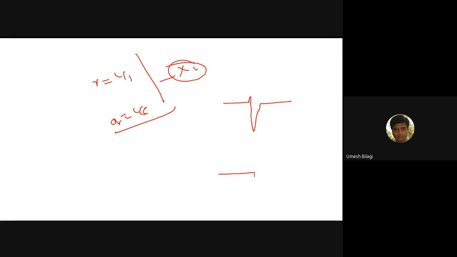In V6, things can go like this. The small Q waves and small R waves are normally seen. That is because of septal depolarization occurring through the left bundle.